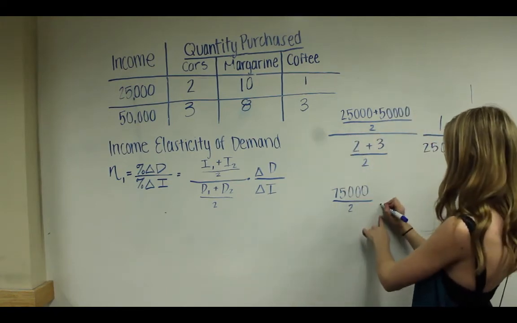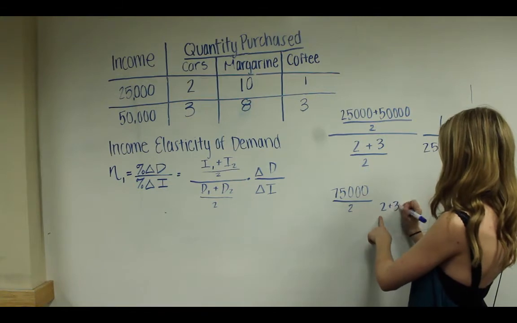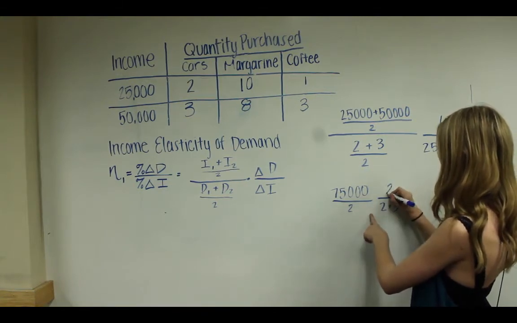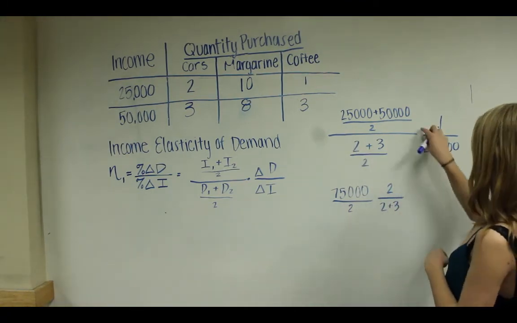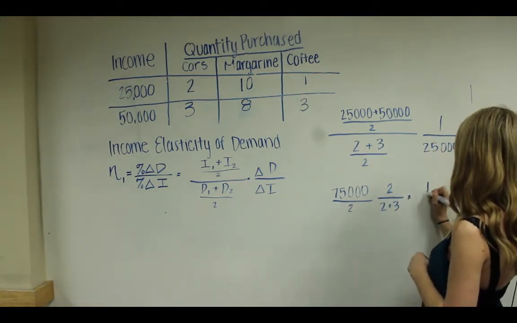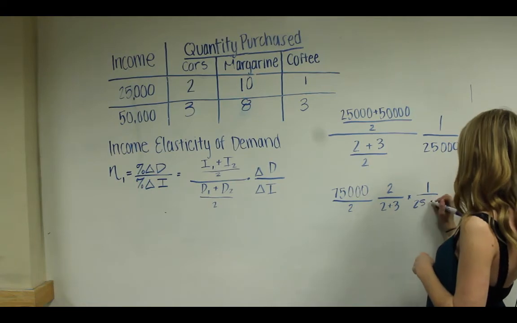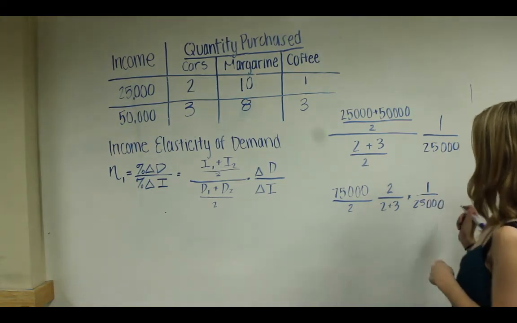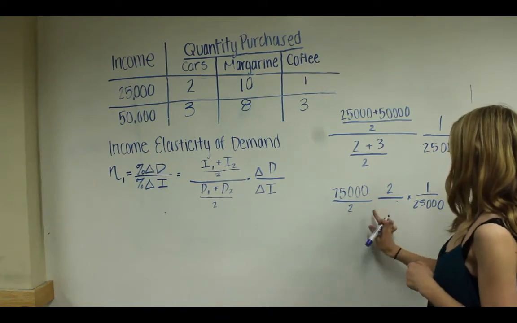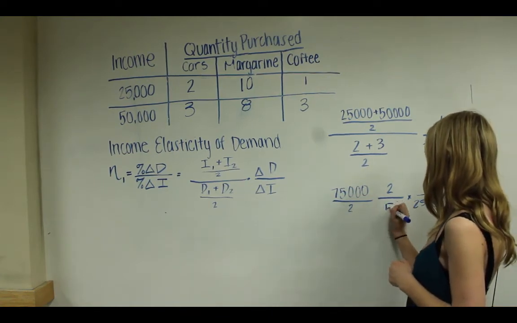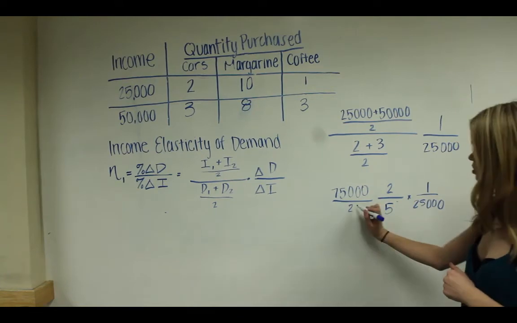So we're going to have 2 plus 3 over 2, because that's the inverse of that fraction. And then all of this times 1 over 25,000. I'm going to change the 2 plus 3 to 5. And then I'm going to start simplifying. So these 2's cancel.